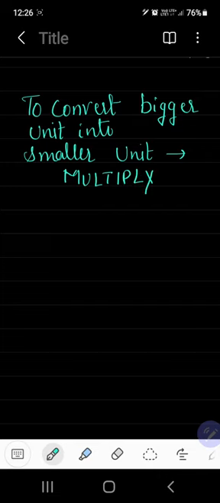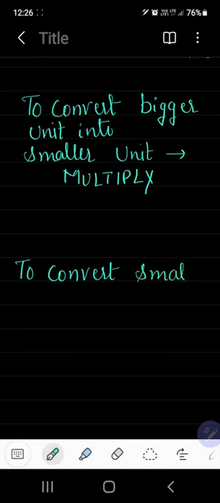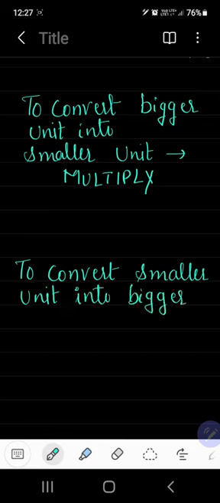That means when we are converting a bigger unit into a smaller unit, we multiply. And to convert a smaller unit into a bigger unit, we divide.